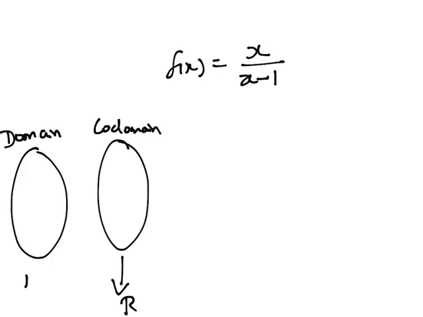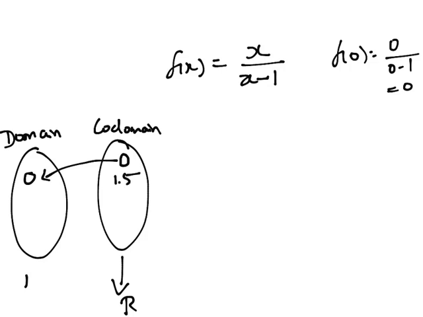Now I want to find what is the range of this function, f of x equal to x over x minus 1. Let us say I would like to say 0. Can 0 be part of the range? Definitely. Here you can find a pre-image which is also 0, because if I put f of 0, I'll get 0 by 0 minus 1, which is actually 0. Let me take another example, let us take 1.5.